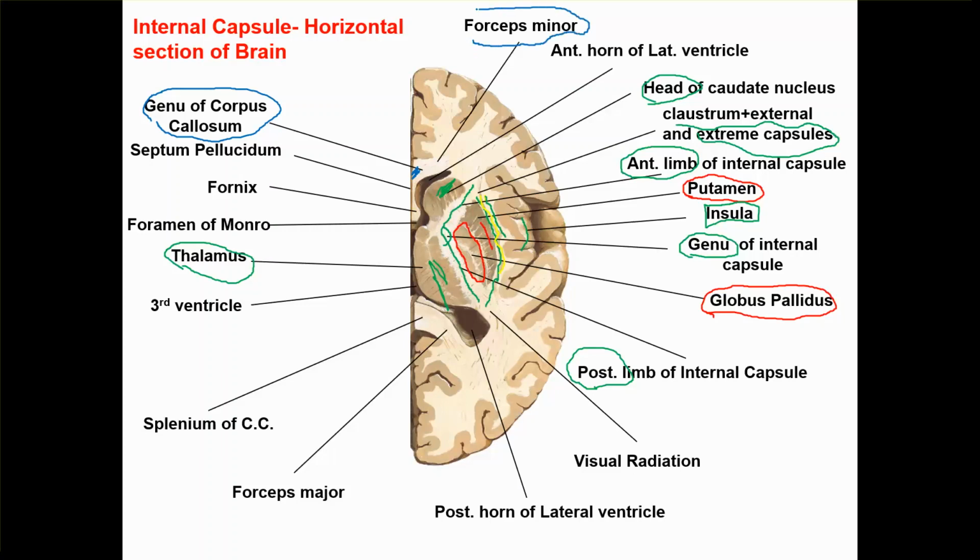These are fibers which transmit information from one hemisphere to the other, from the frontal pole of the right side to the left side. So that is the forceps minor, and it passes like this through the genu.